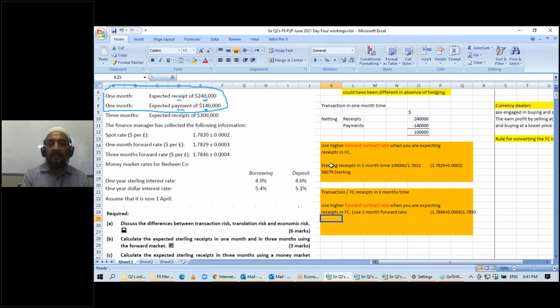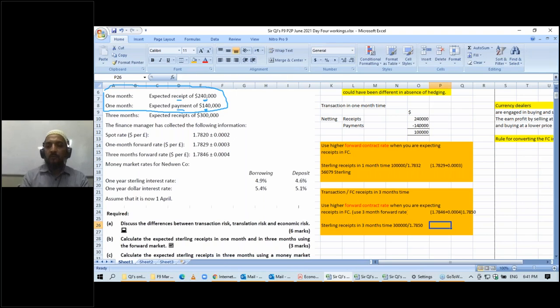So the sterling receipts in 3 months' time will become, now this is fixed. Now as you've agreed the rate, you know that you are going to receive exactly this amount in 3 months' time. So sterling receipts in 3 months' time is going to be $300,000 divided by 1.7850.